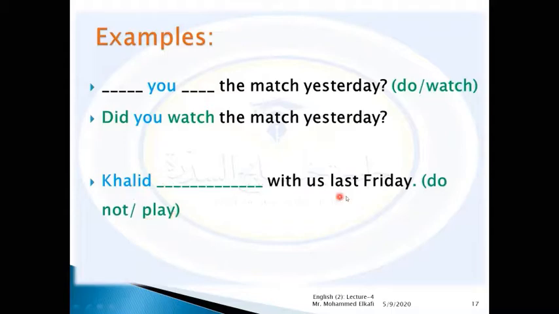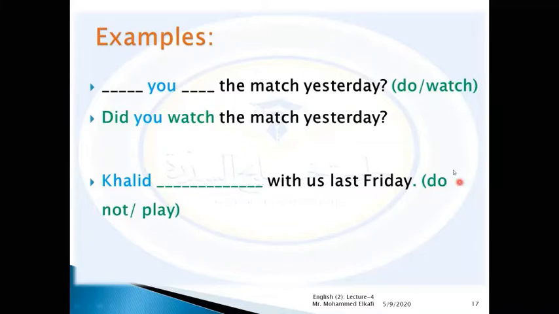So since there is last Friday, that means we should use the past simple form. And we should think of the subject, Khalid. And Khalid can be replaced with he, okay? After he, in the past simple, we should think of played, regularly.